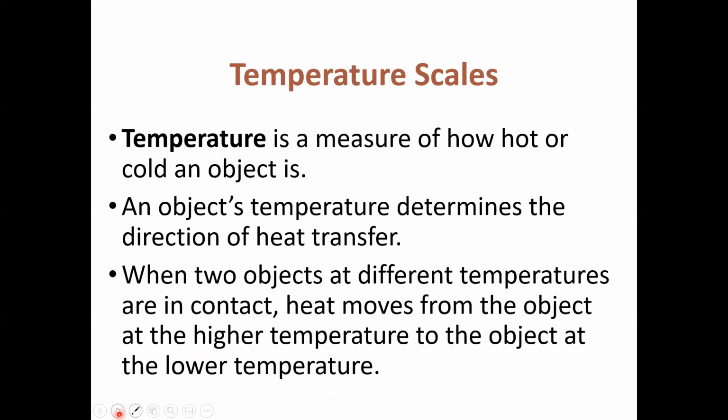Temperature scale. Temperature is the measure of how hot or cold an object is. An object's temperature determines the direction of heat transfer. So when 2 objects at different temperatures are in contact, heat will move from the object at the higher temperature to the object at the lower temperature.